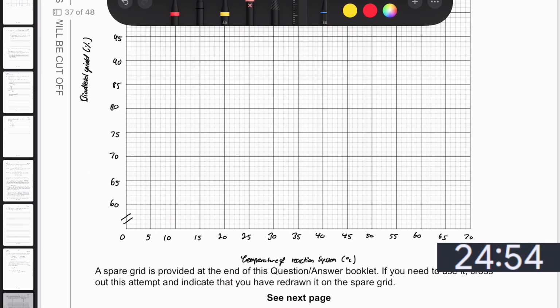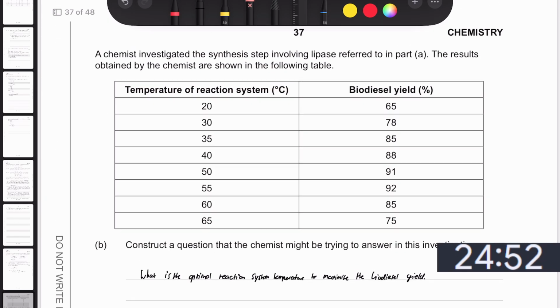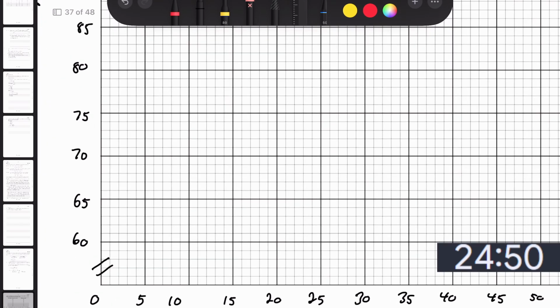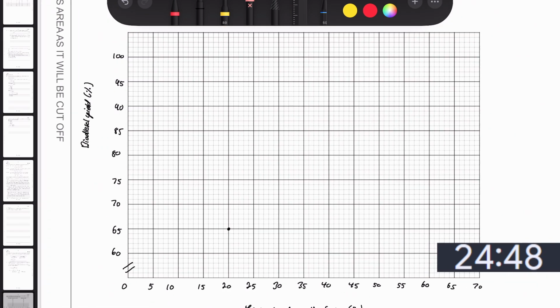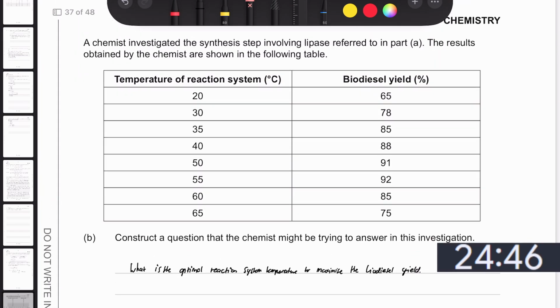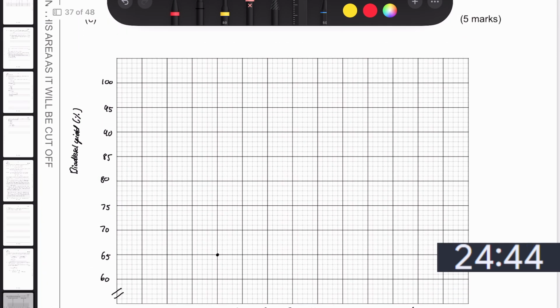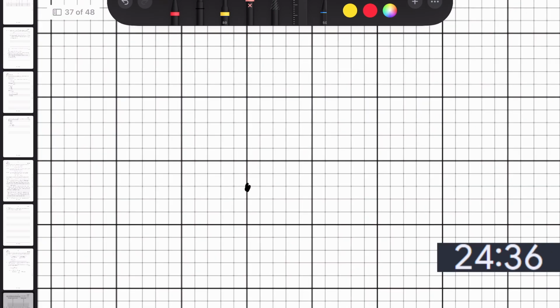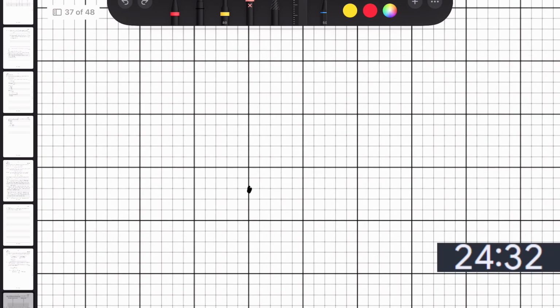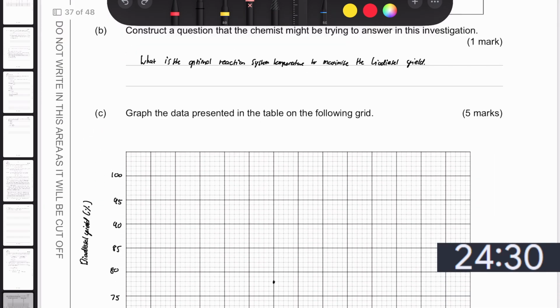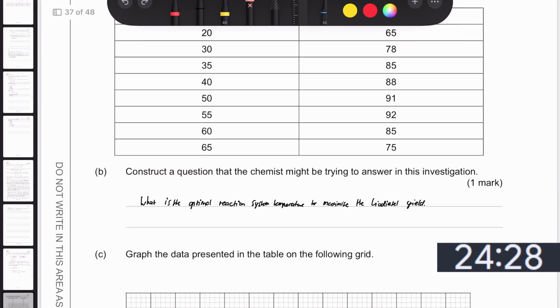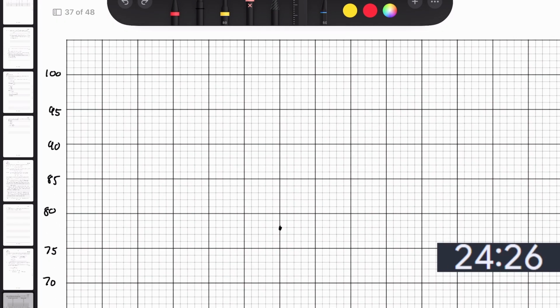So then at 20 degrees, we are at 65%. So boom, at 30 degrees, we are at 78%. 78 here. And then at 35, we are at 85.